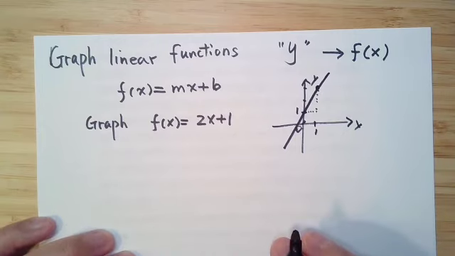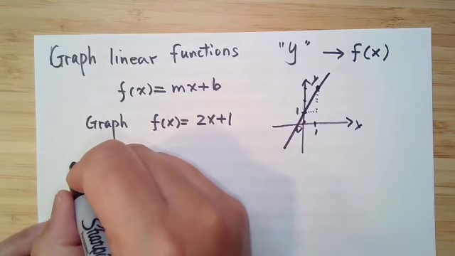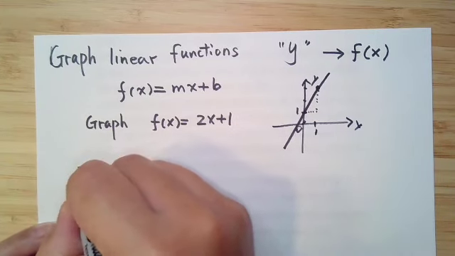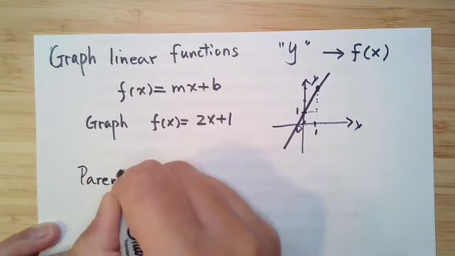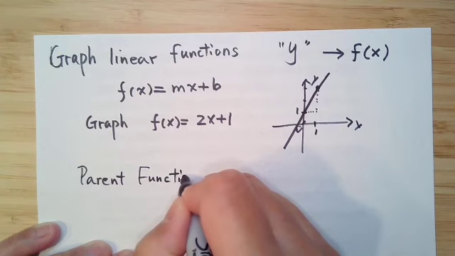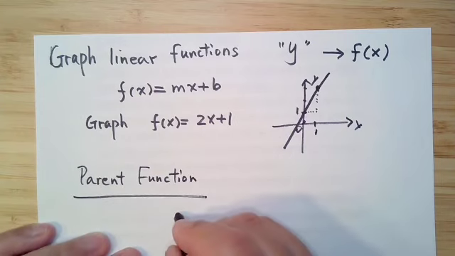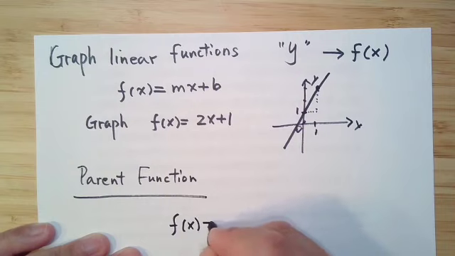And I would like to introduce a new term. It's called a parent function. It's very important. The parent function is f of x equals x. What is that? F of x equals x.